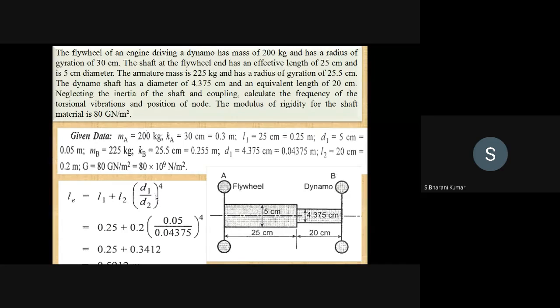The formula is L1 plus L2 (d1 by d2) to the power of 4, and if another step is given, you add plus L3 (d1 by d3) to the power of 4. Based on the given data only, you change the formulas. Substituting all those things, you get the LE value as 0.5912. That is the length of the equivalent shaft.